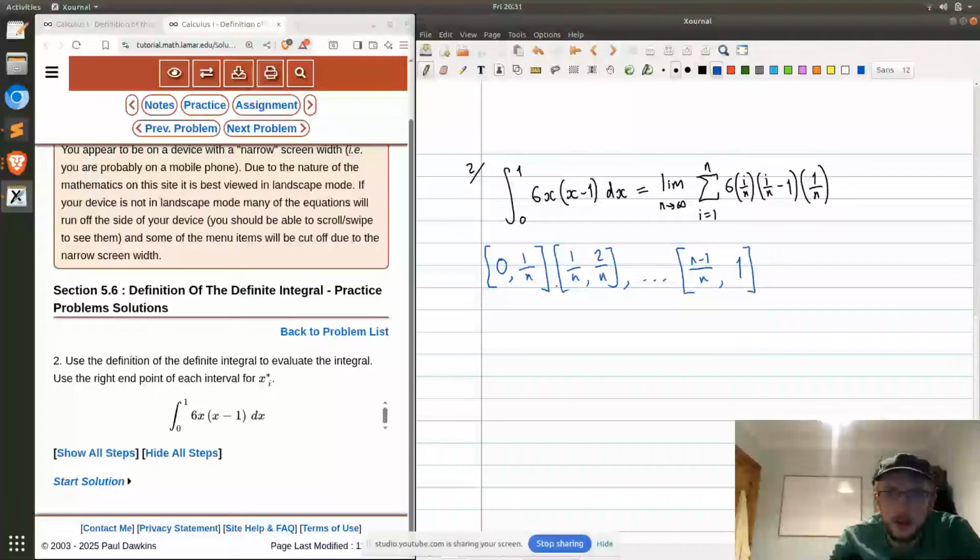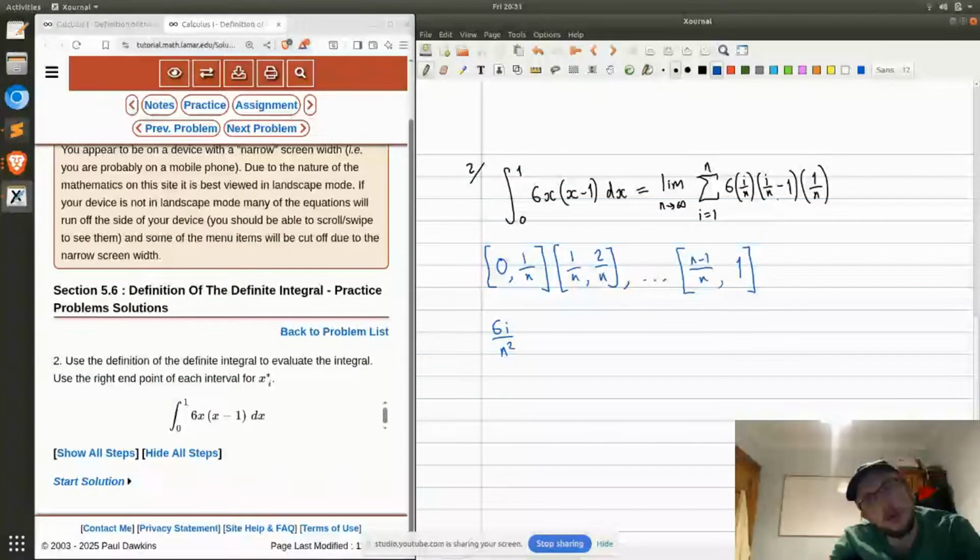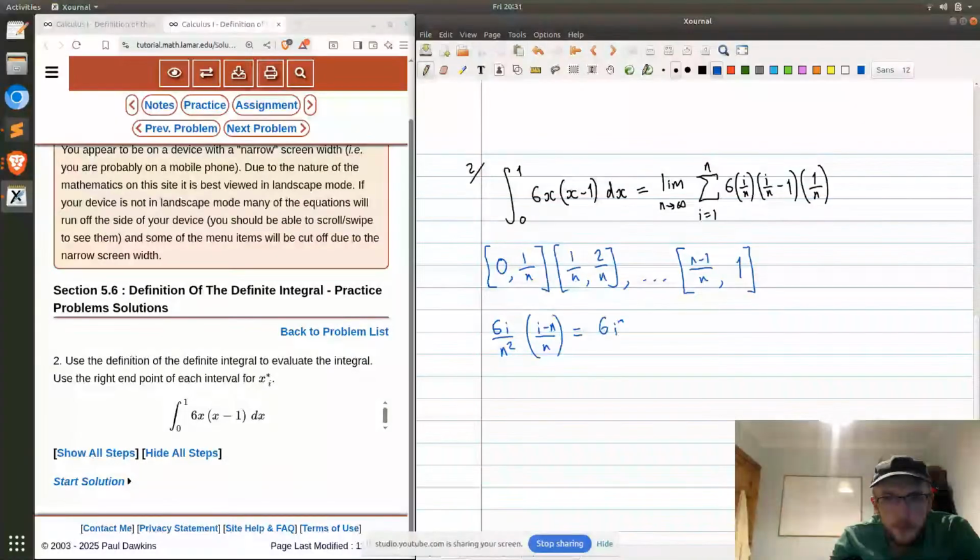But do what? All right, so that, and that, put them together as 6i over n squared. Here, I take n over n. So it would look like this, I guess.